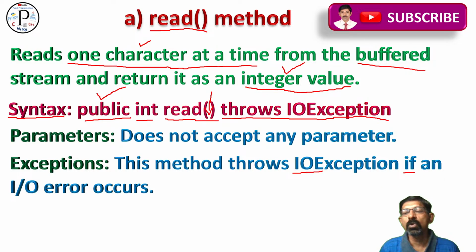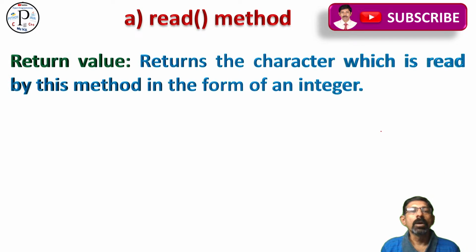That means it is not always going to generate an error message. If you give some wrong input, then only it will generate an error message, which is going to be taken care of by this built-in class, IOException. It returns the character which is read by the method in the form of integer. So its return type is integer.